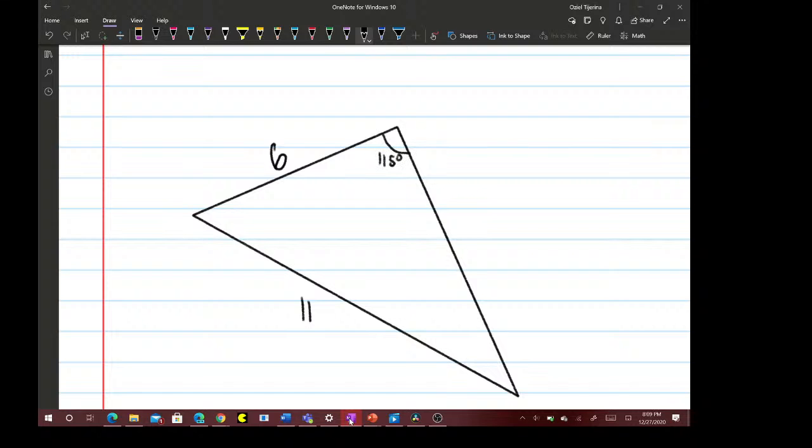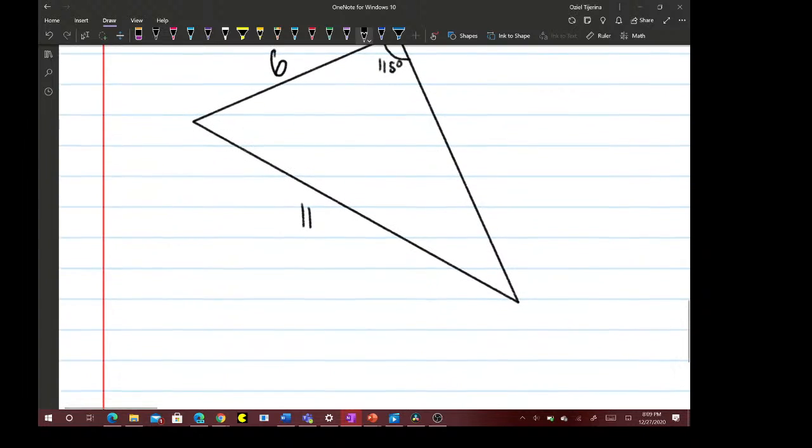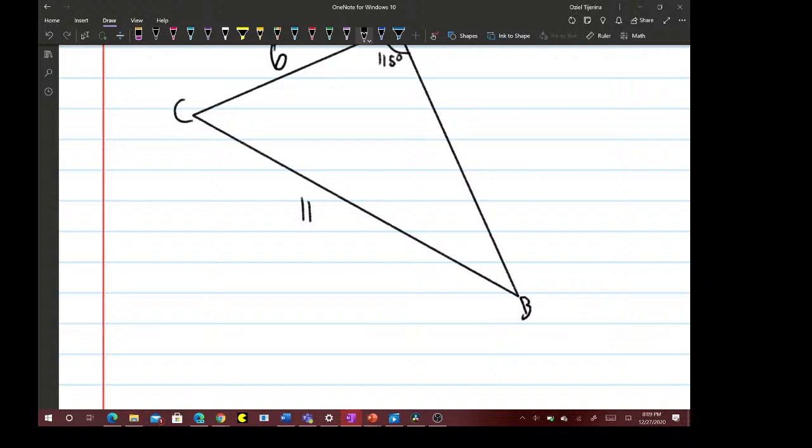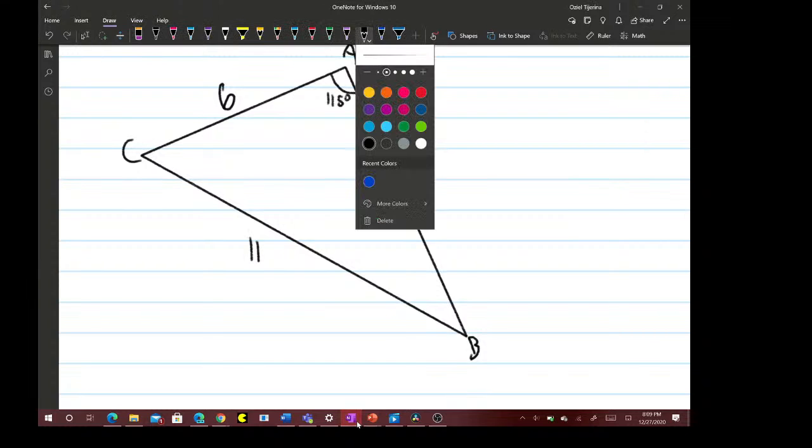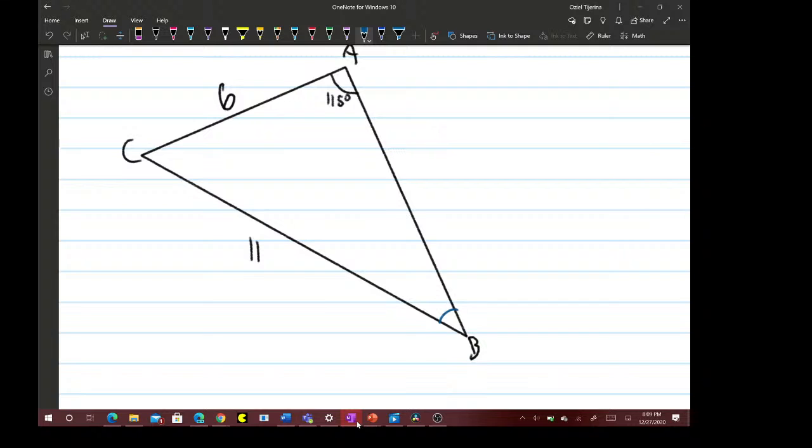It's A, B, and C, and it wants us to find angle B. So we want to know exactly what this angle is. We're looking for this blue angle here.